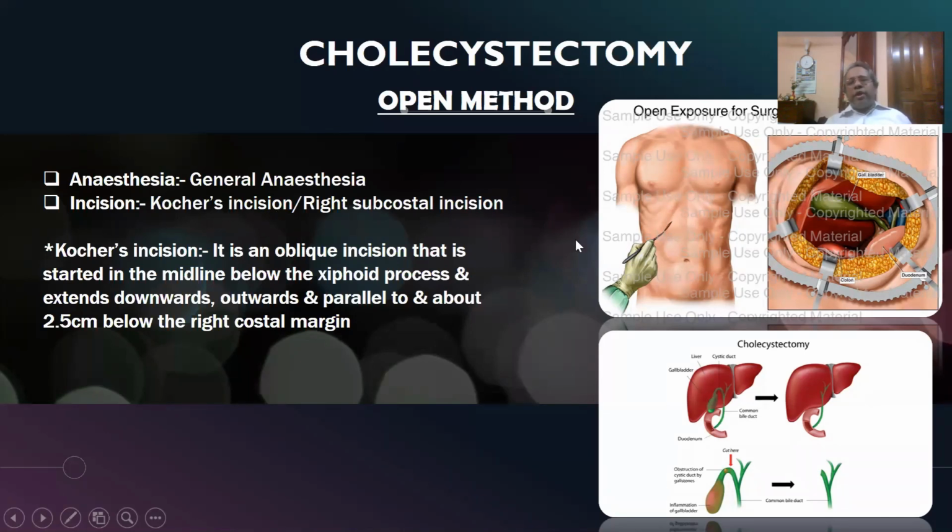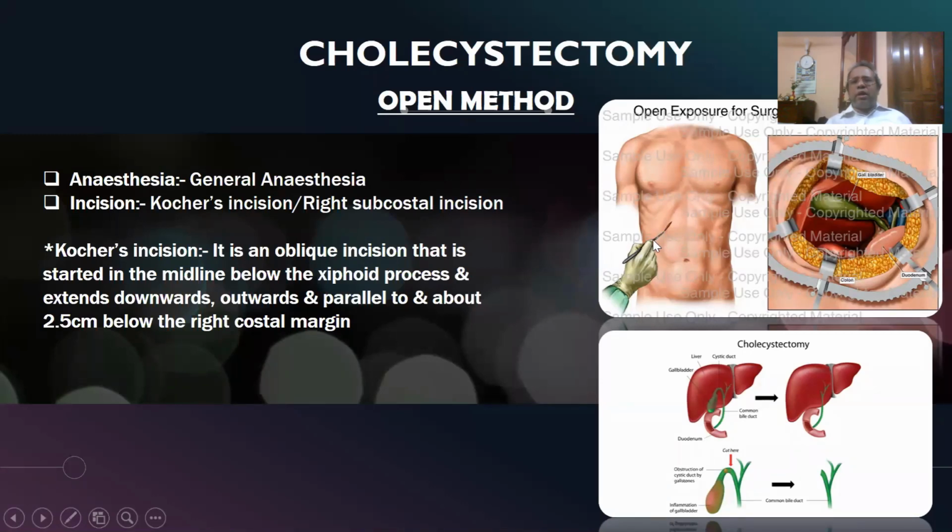So what type of incision is it? The name represents right subcostal, that means the incision is made in the subcostal region. It is made from the midline towards the right side laterally, parallel to the costal margin.